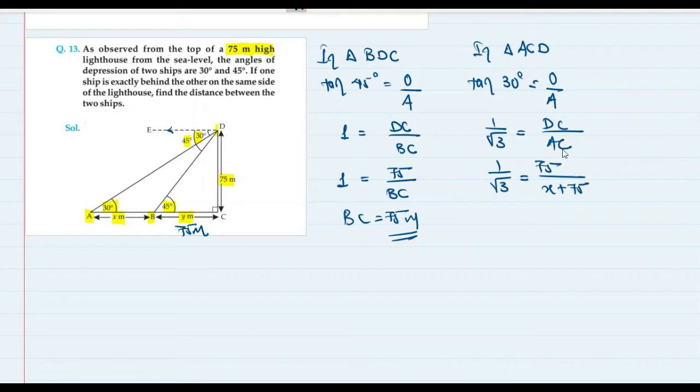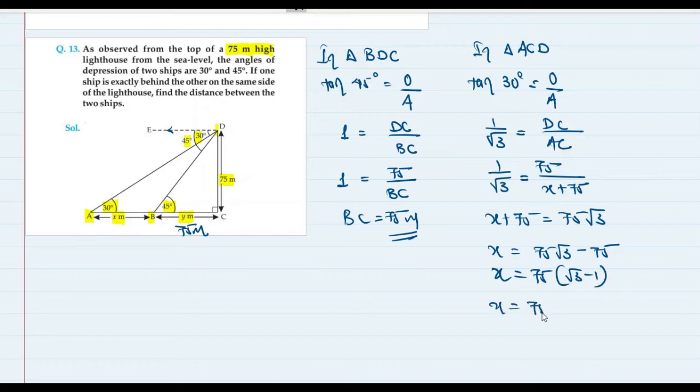Did you understand? AC is AB plus BC, AB is x, and BC we have already found to be 75. So x plus 75 is equal to 75 root 3. So x is equal to 75 root 3 minus 75. So x is equal to 75 times the bracket root 3 minus 1. Root 3 is 1.732 minus 1, that is 0.732.